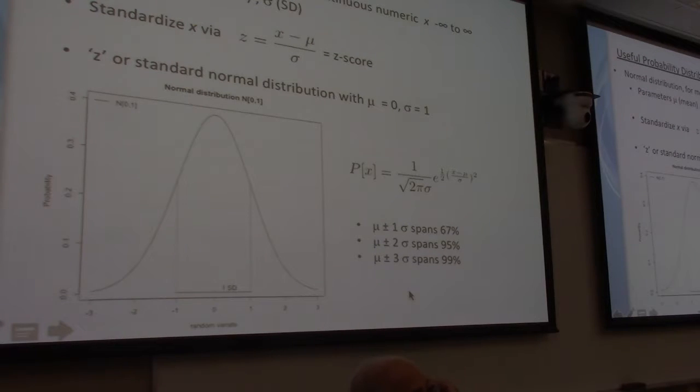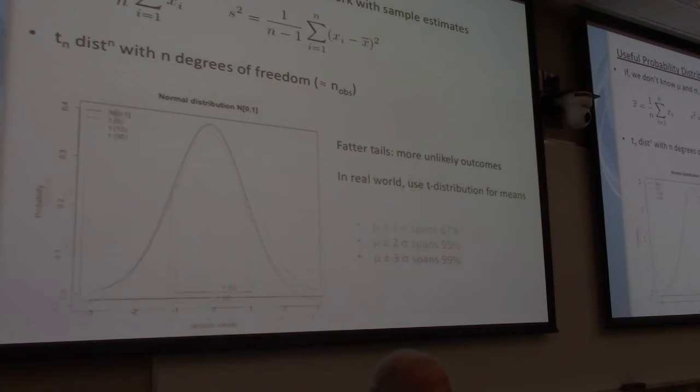Even though the z distribution is our standard go-to tool, we usually don't know mu and sigma, and we have to use sample estimates for the mean and the standard deviation, in which case we're no longer dealing with a z distribution, we're now dealing with a t distribution. And you'll remember that t distributions have different degrees of freedom depending on how many parameters have to be estimated.